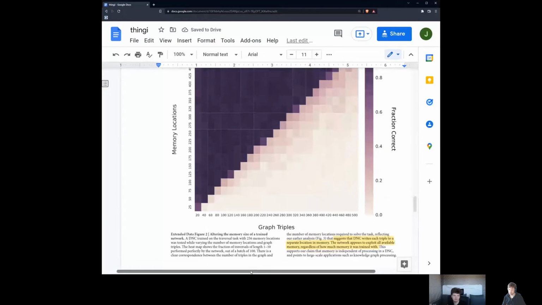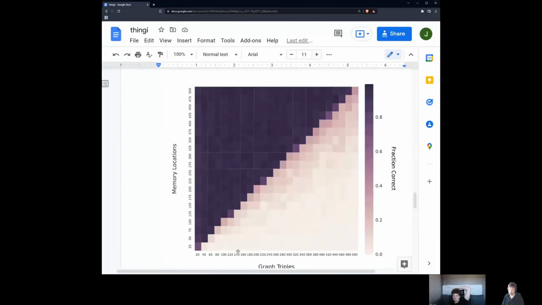This was basically just a traversal task, and how much it got correct also depends on the traversal size compared to your memory size. It's interesting that it's not fully optimal, because it can't traverse the whole thing completely accurately even with exactly the same amount. So it needs a bit more memory to traverse, which makes sense, a bit of overhead.